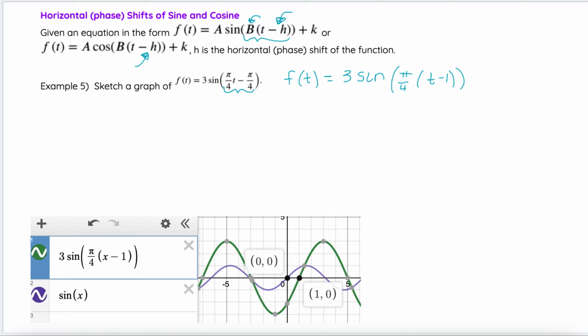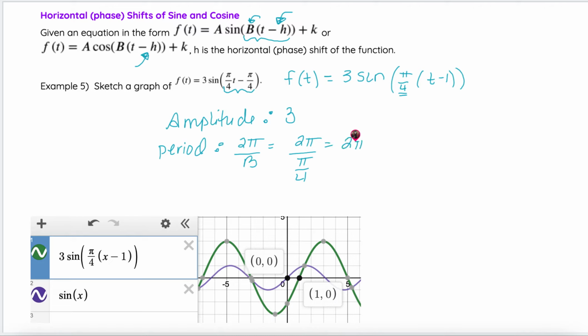We still have our amplitude of 3. This here is still our b value, so we can find our period if we were to sketch this by hand. 2 pi over b, so 2 pi over pi over 4, or multiplying by the reciprocal.